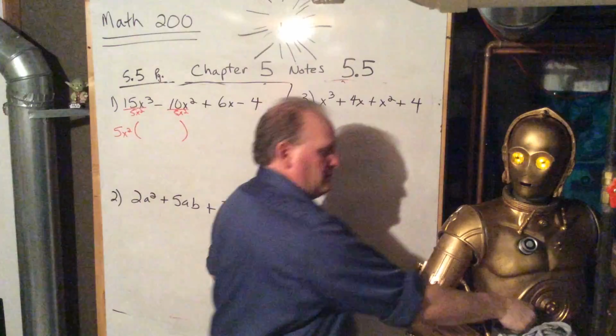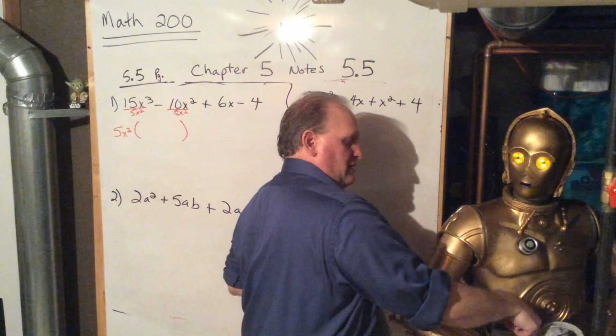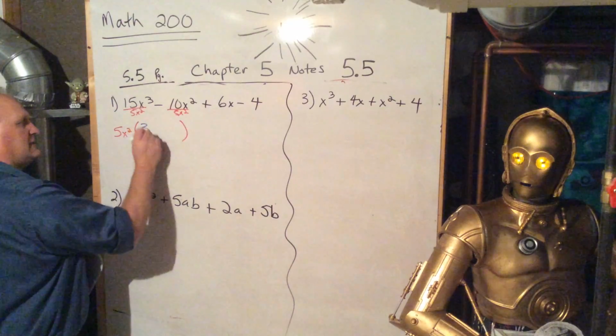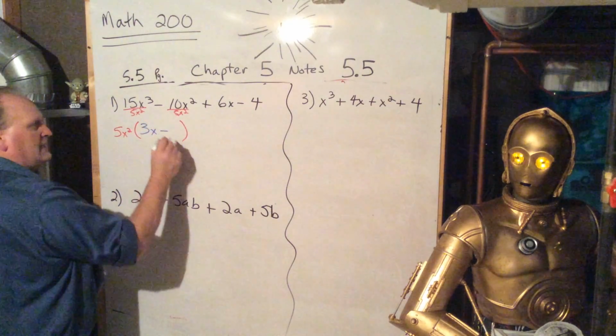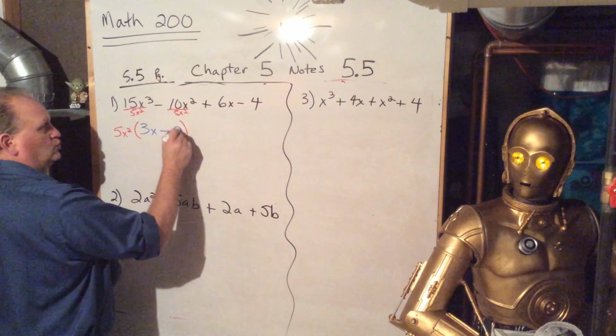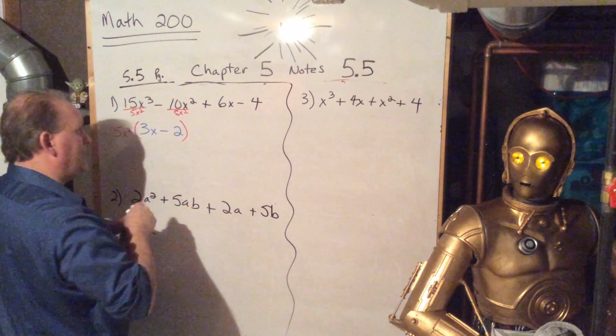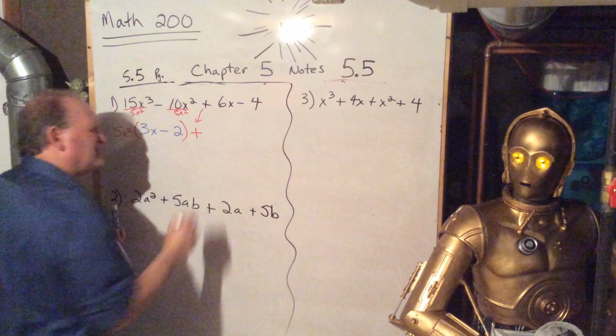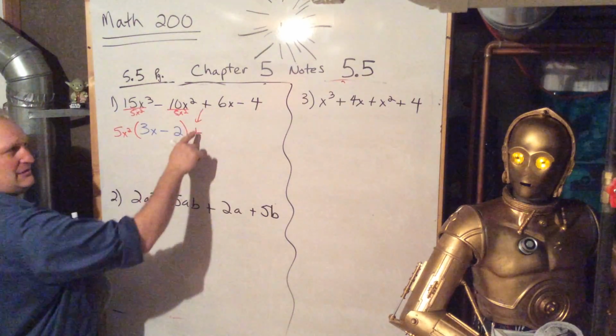Here, I'll change up colors, I'll make it blue on the inside. Thank you, C3PO. 3x minus 2. Okay. On the next one, this plus is still there. Don't forget that plus. That gets overlooked a lot. Be careful not to forget the little plus there.